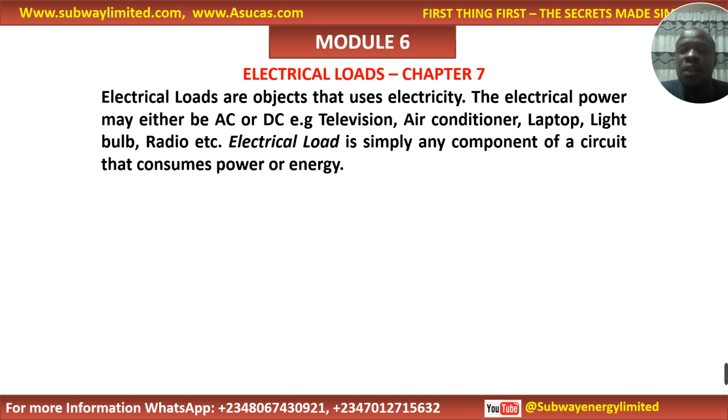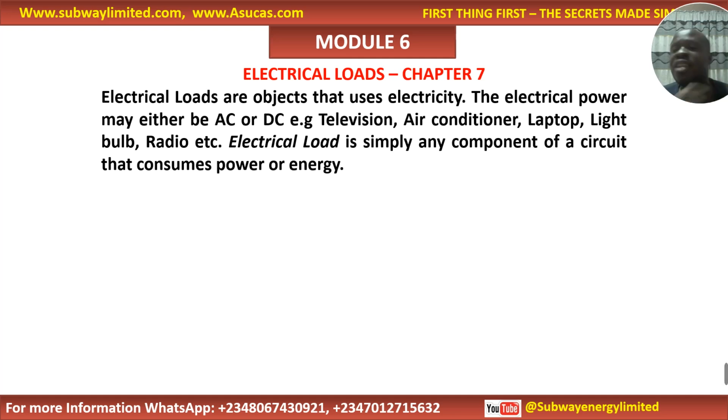So electrical loads are those appliances that make use of electrical energy. The electrical power may either be AC or DC. Remember, when we were talking about types of solar system installation, we mentioned that some systems are DC, some are AC, some are day use, as the case may be.